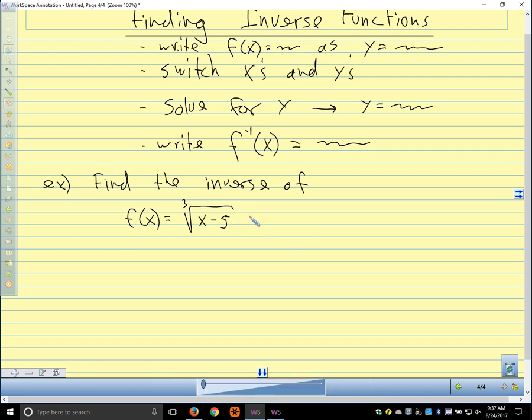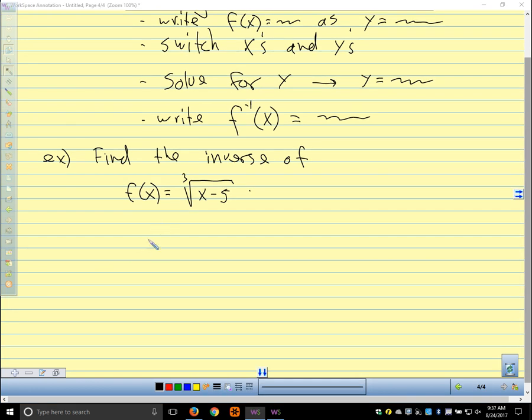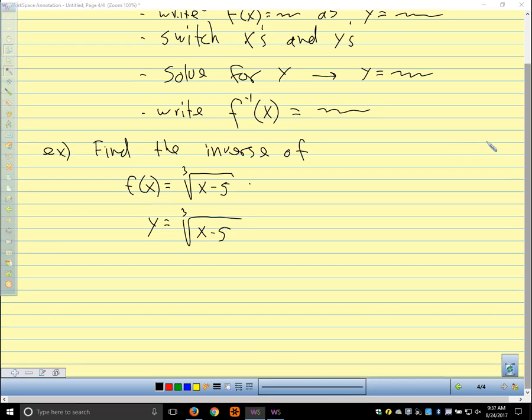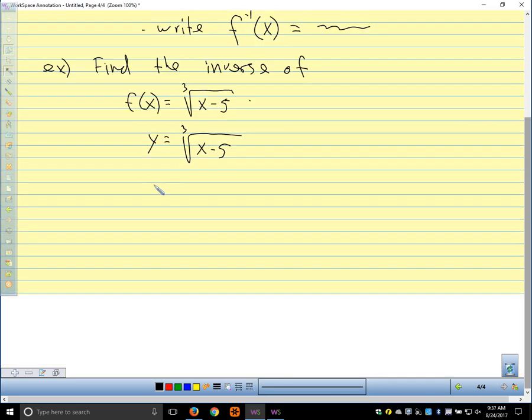Well, let's do our procedure. So we're going to write this as y equals the cube root of x minus 5. And then our process is pretty much what I just described verbally. We have to switch our x's and y's first. So I'm going to write x equals the cube root of y minus 5.